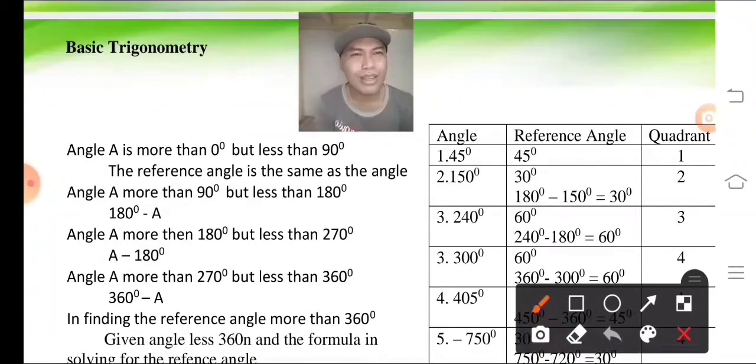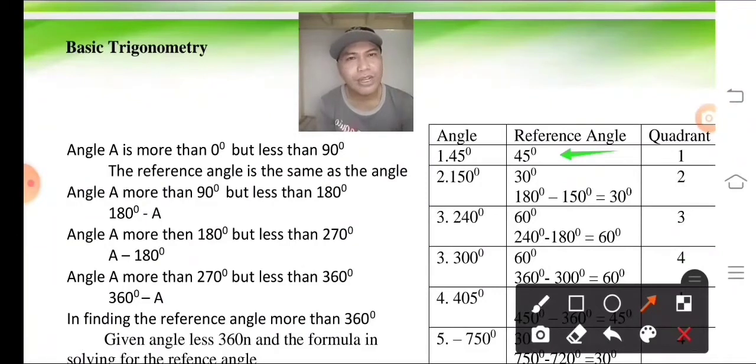Now we have to remember that the reference angle is the positive acute angle between the x-axis or the horizontal line and the terminal side of a given angle. So if we have the example here, 45 degrees, our reference angle is still 45 degrees. Or if we have 80 degrees, the reference angle is still 80 degrees.